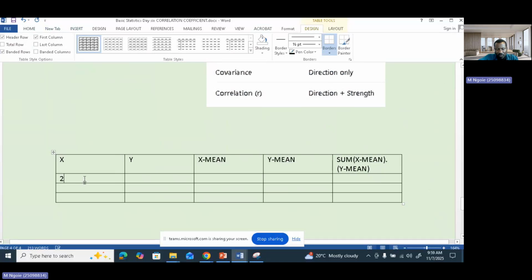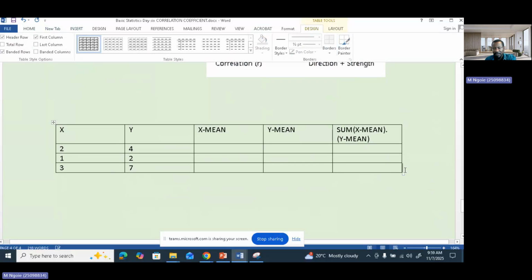Let's say x is 2, 1, 3, and y is 4, 2, 7.